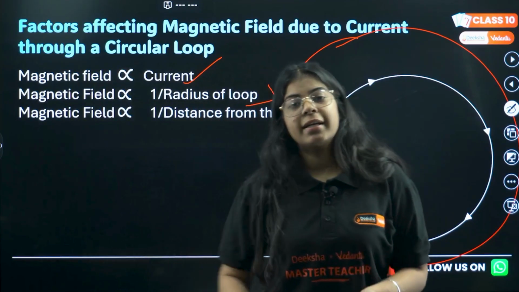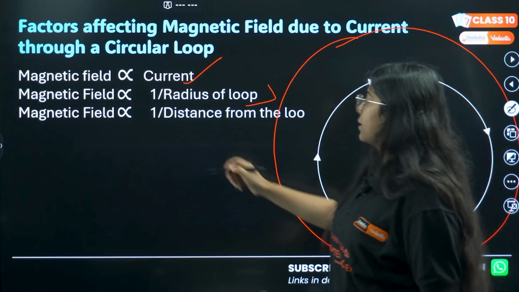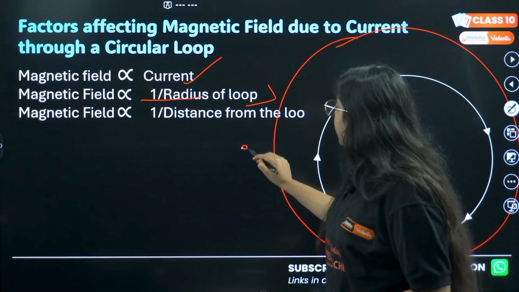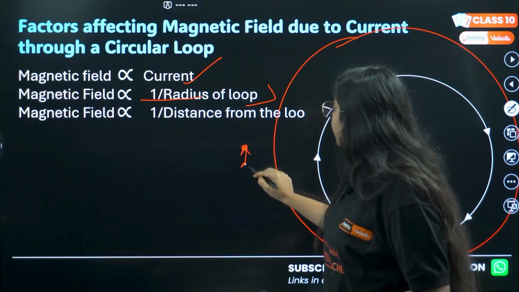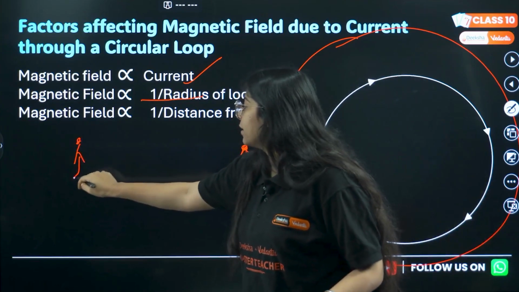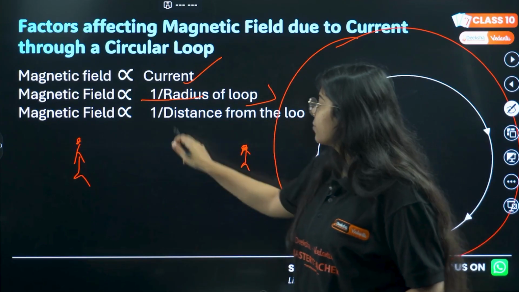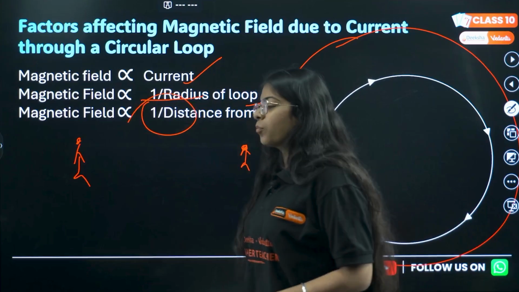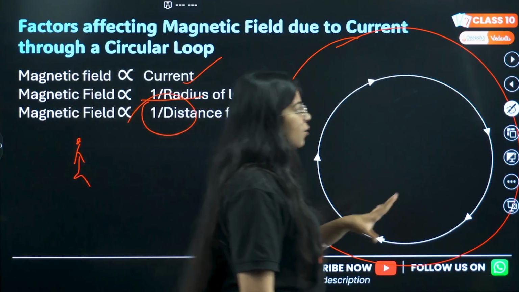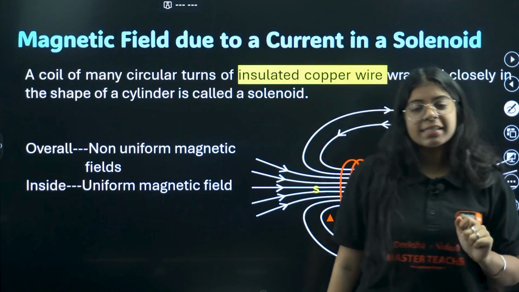It will decrease if the radius of the loop increases, so it's inversely proportional. Now, if I'm at this point, the magnetic field strength will be more. If I go till here, the magnetic field strength will decrease. So again, it's inversely proportional to the distance from the loop. Very good, very easy. Let's see.